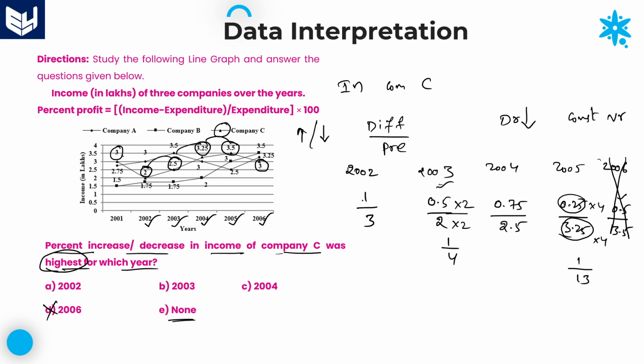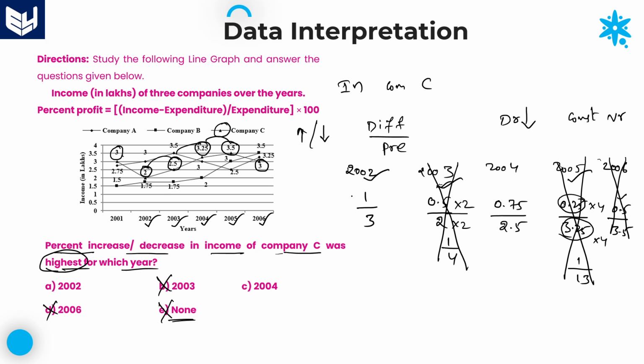So if you compare these three values, 2002, 2003 and 2005, numerator values are the same, 1, 1, 1. Compare the denominator values. Denominator is less for the first one, so you can eliminate 2003 and also 2005.